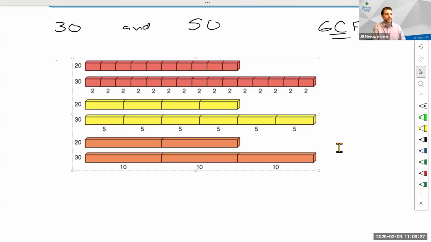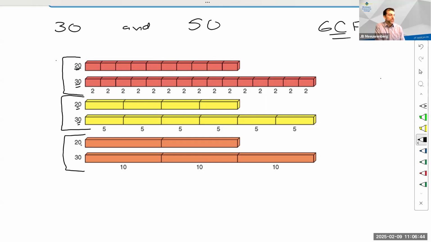What you should notice when you examine this picture is that we've got several different groups, right? We've got this one on top where we've got the number 20 and the number 30. And then we've got this combination of 20 and 30, same two numbers, and then this combination. So we have the numbers 20 and 30 shown visually three different ways compared to each other.